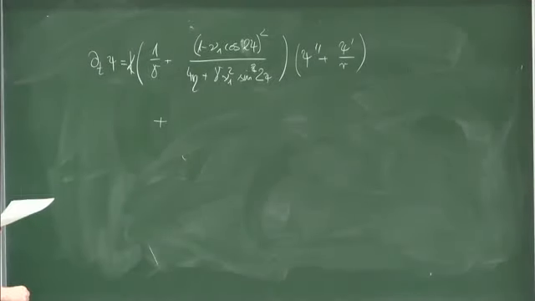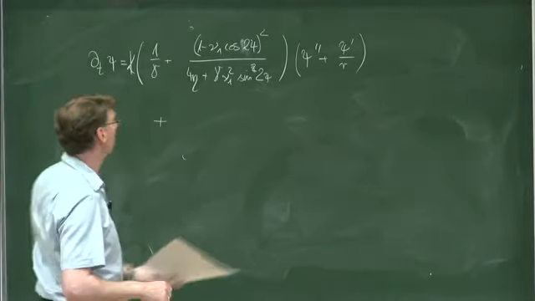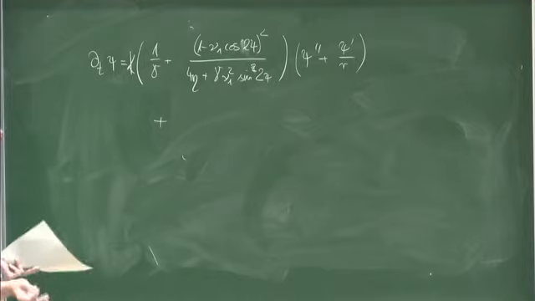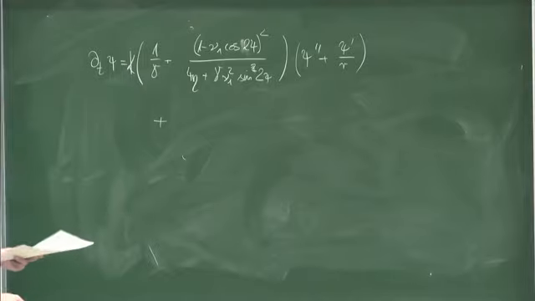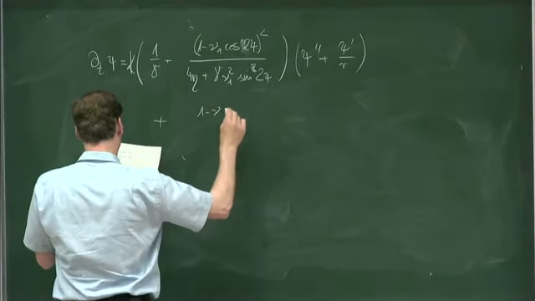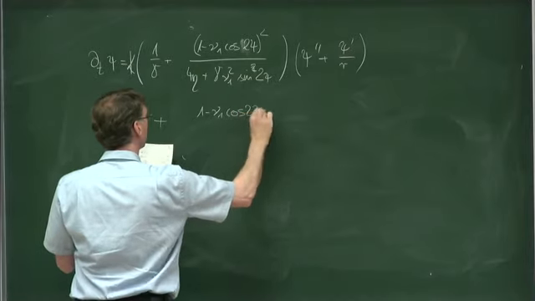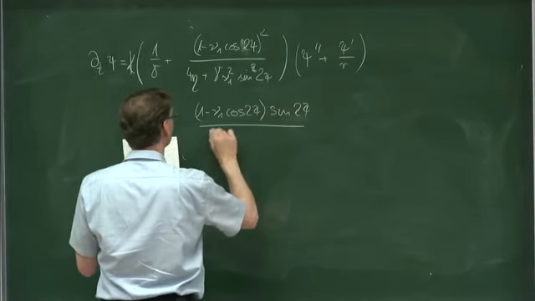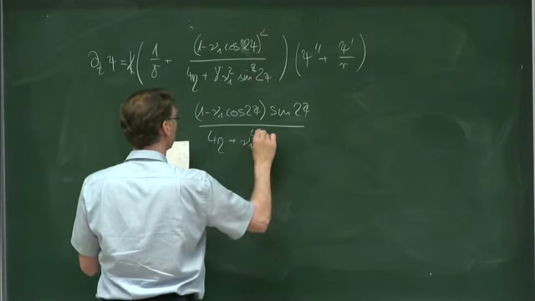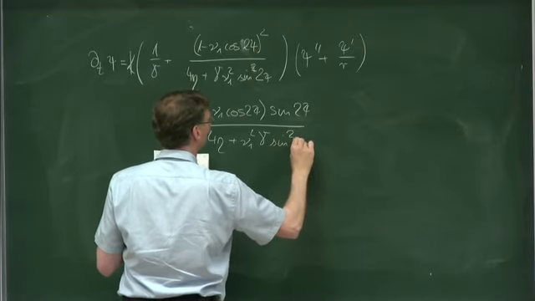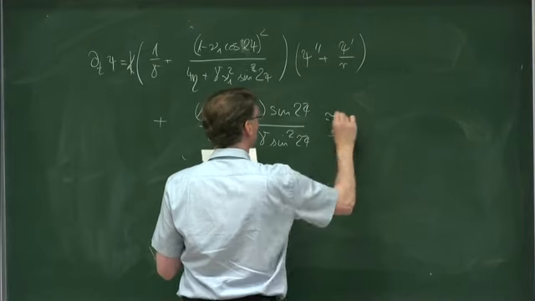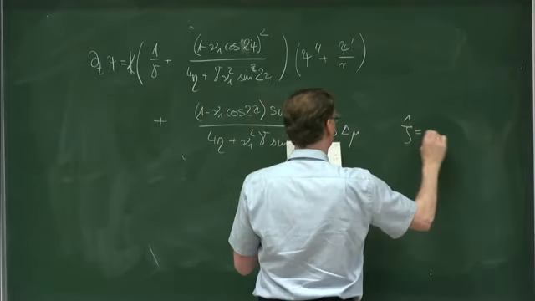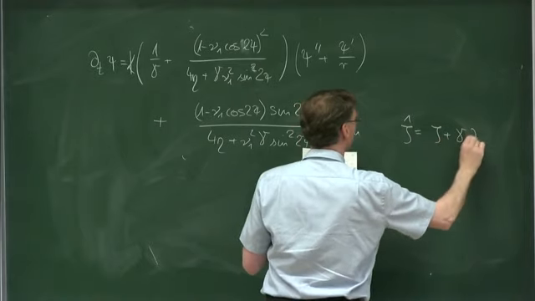So this is basically the term that is proportional to H perpendicular, and so the only thing that we have to look at is really the evolution of the order parameter P, that is psi, but we have also the coupling from the activity, and that is (1 minus u1 cosine 2 psi) times sine 2 psi, and this divided by 4 eta plus u1 squared gamma sine squared 2 psi, times zeta, let's call it hat delta mu, and zeta hat would be zeta plus gamma plus lambda 1.